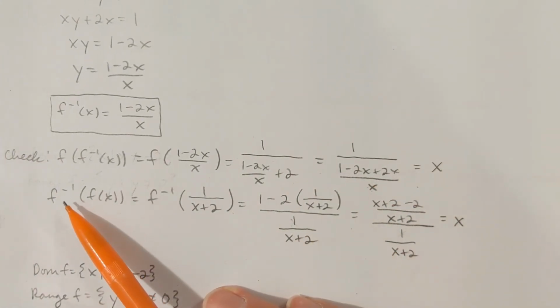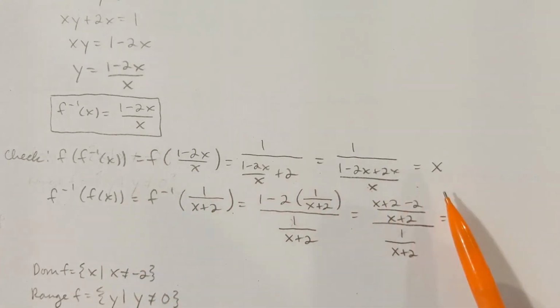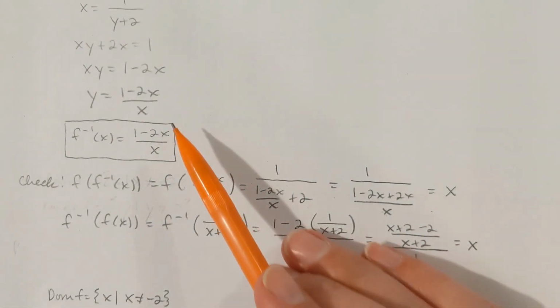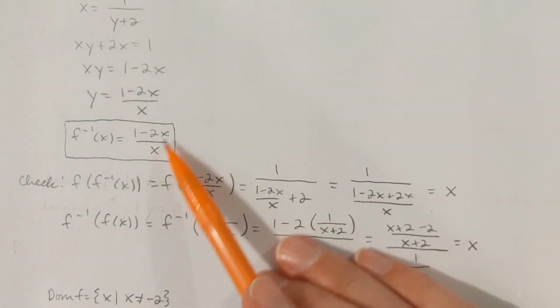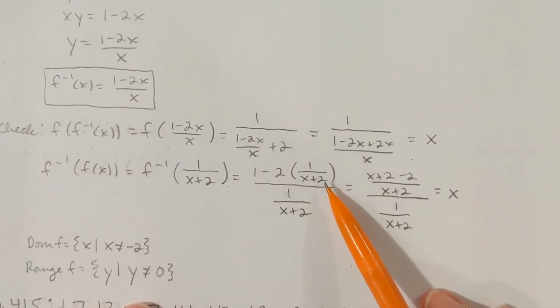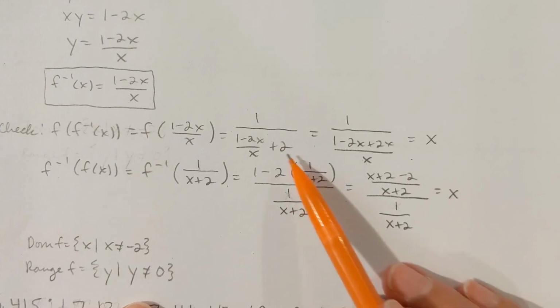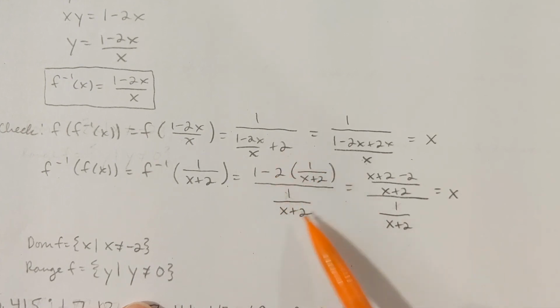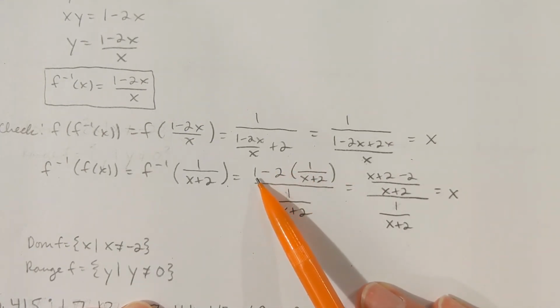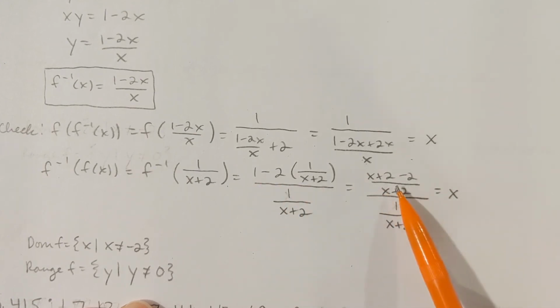I also want to check that f inverse of f of x is just x. Now f of x is 1 over x plus 2, so everywhere that I see an x in the inverse function here, there's 2 of them, I need to replace that with 1 over x plus 2. And so I've done that. The next question then, does this simplify to be just x? So up top, 1 is the same as x plus 2 over x plus 2, and that's how I'd want to think of that, because now I've got my common denominator up top.